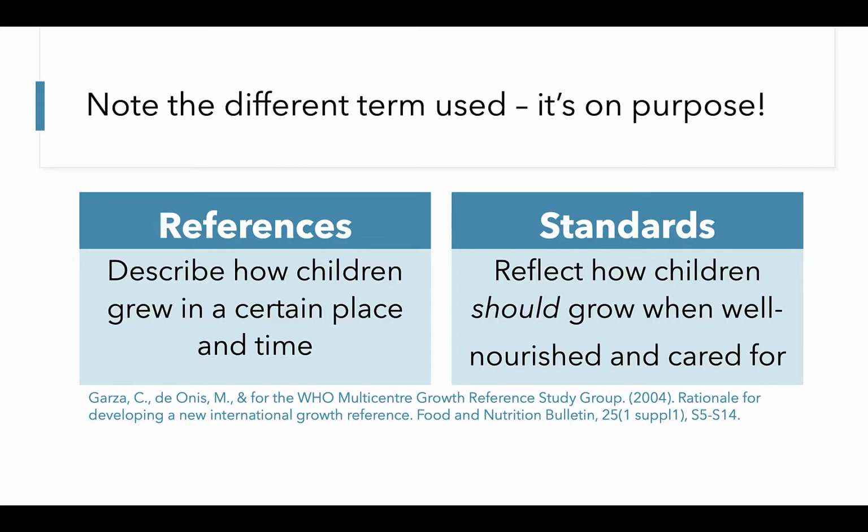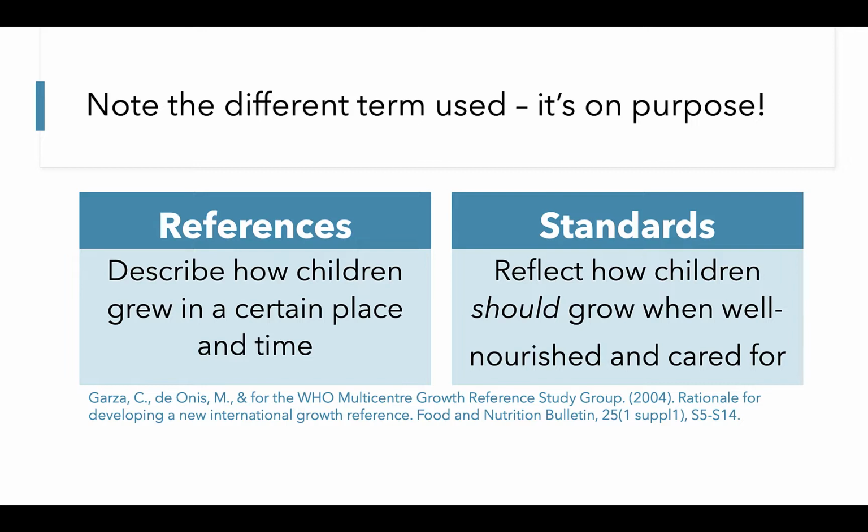Note that I'm using different terms when I refer to the CDC growth charts or the references and the WHO growth standards. The difference in terminology is on purpose, and it stems from differences in methodology in terms of how these growth charts were created.